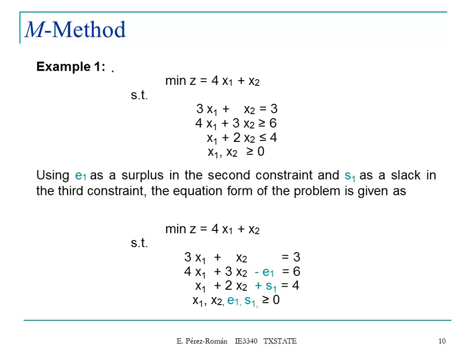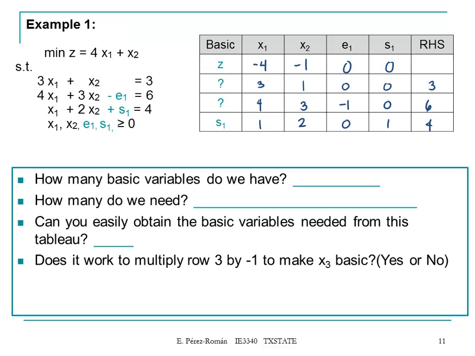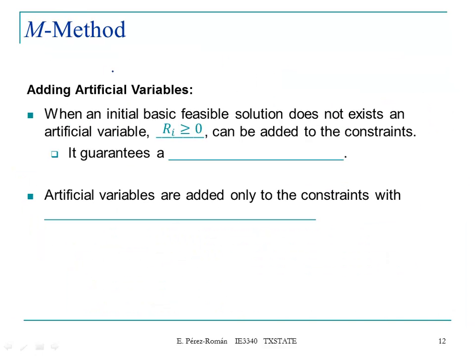You still can apply the simplex, but you have to use one of these methods, the M method, to find an initial solution, or the second method that I'm going to explain now. Okay, so that only applies when you have these type of problems, greater or equal, equality, and so on. Okay, so let's look at the second method.